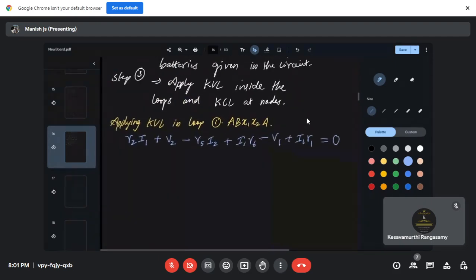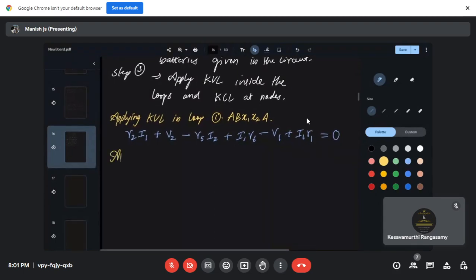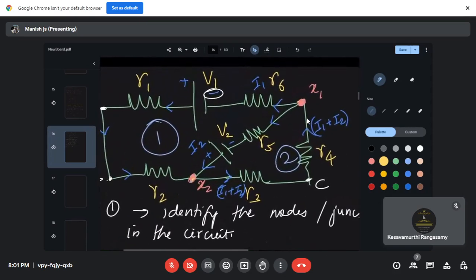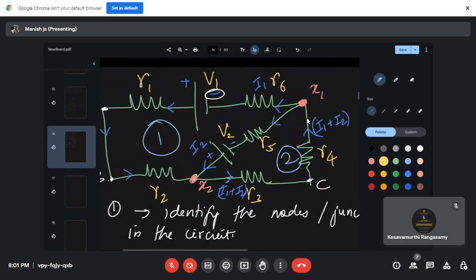So now we are applying KVL in loop 2, which is X1, X2, C, X1. Can you tell me the expression? How will the expression go? Yes, one of you try it.